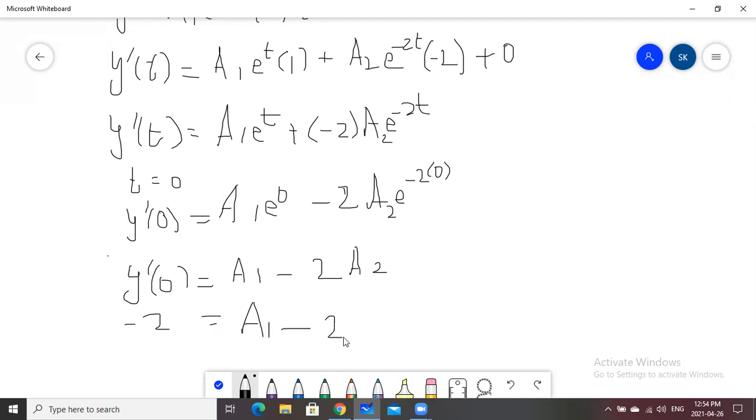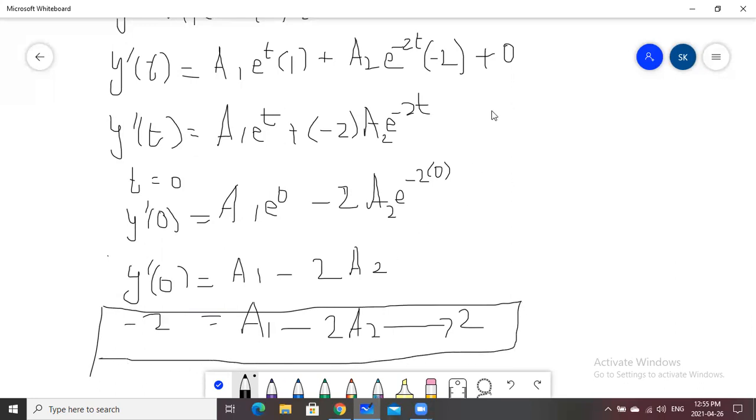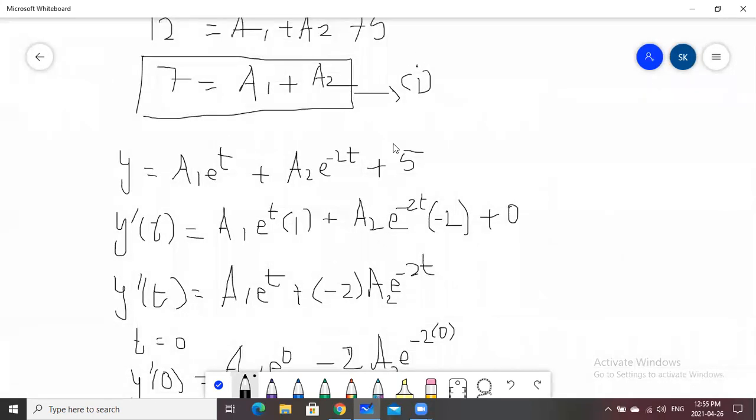Let us name this equation as equation number 2. Now subtract equation 2 from equation number 1, where 7 is equal to a1 plus a2.